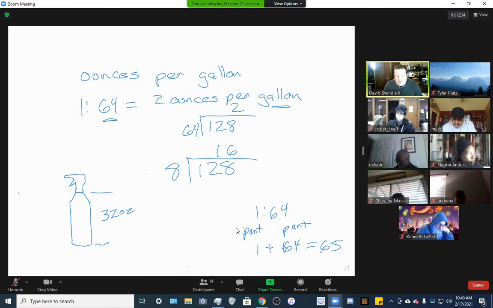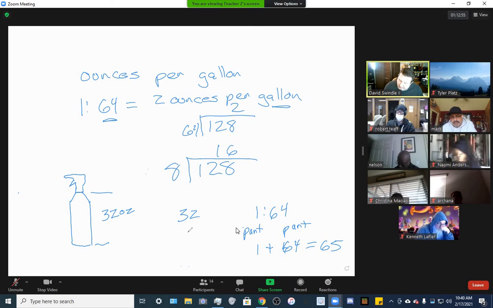This has 32 ounces in it, right? So I'm going to take 32 and divide it by 65, and it is going to come out to 0.4923, which basically, if we round up, is going to be 0.5.